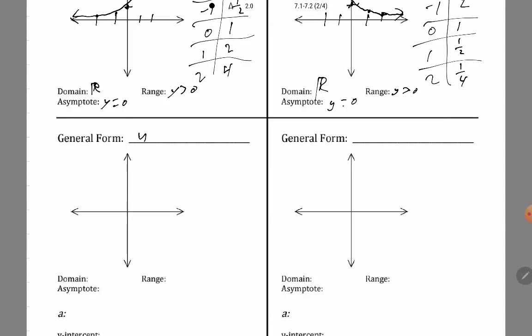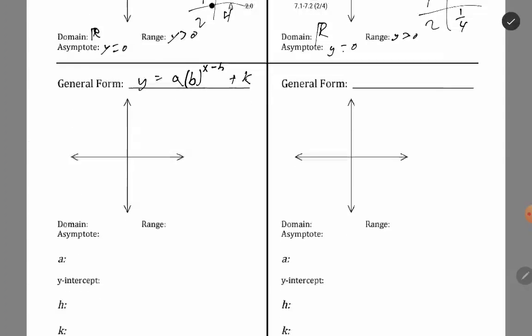This is y equals a, that's our original amount, times b, which we're going to call our either growth rate or decay rate, to the x minus h power, plus k.